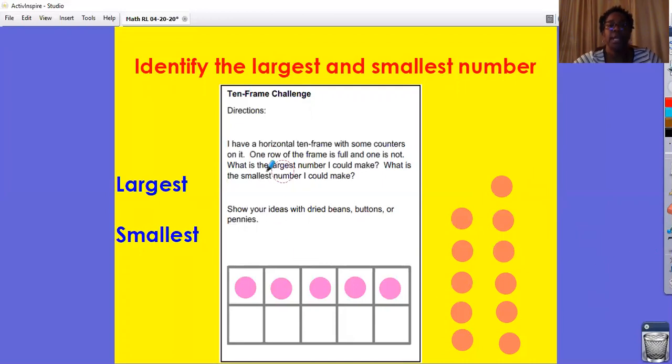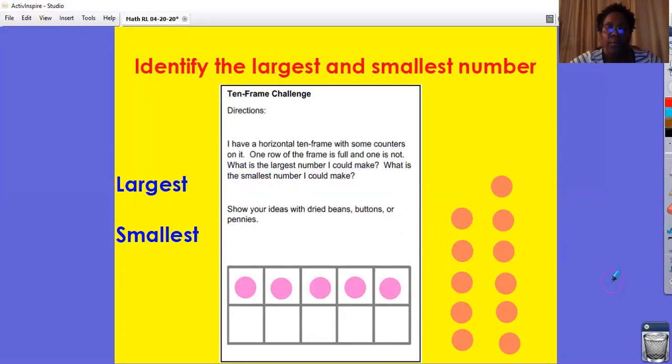Now it says, what is the largest number I could make? What is the largest number that we could make using this 10 frame with the whole top row full?